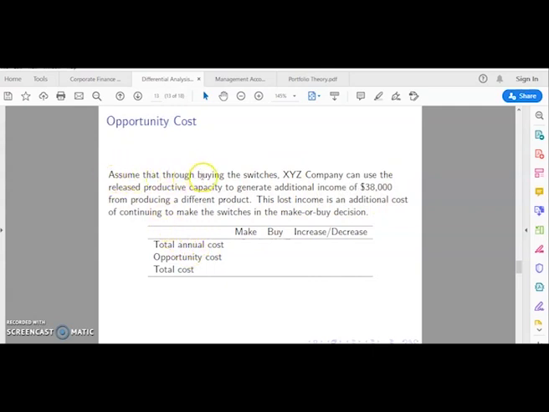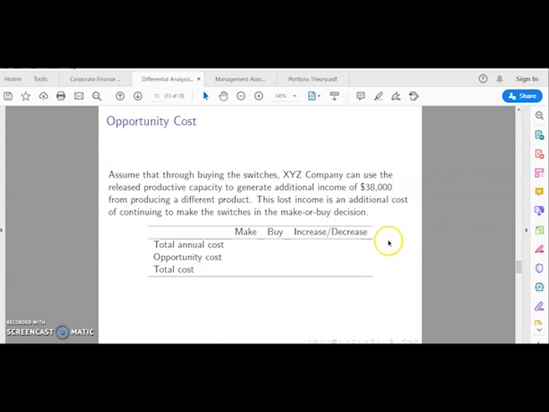Assume that through buying the switches, the company can use the released productive capacity to generate additional income of $38,000 from producing a different product. This lost income is an additional cost of continuing to make the switches in the make or buy decision.